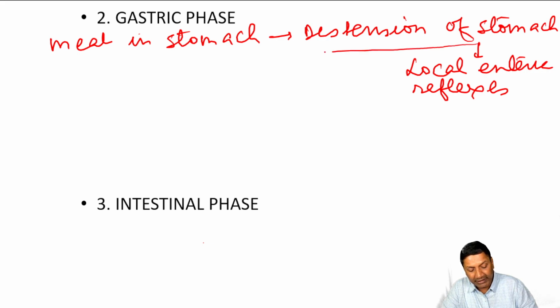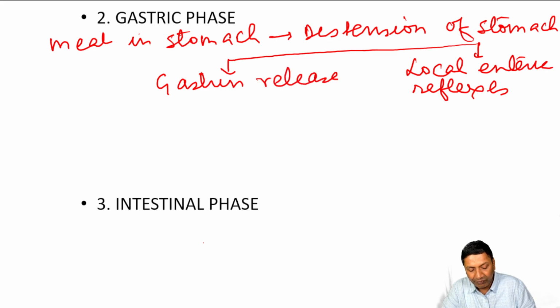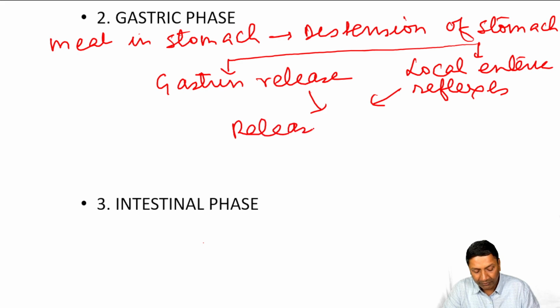And the second thing is it will lead to the release of the hormone gastrin, right? And this gastrin will lead to release of the gastric juice. So gastrin and the local enteric reflexes, they will both lead to release of the gastric juice.